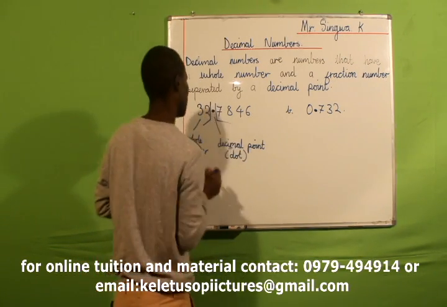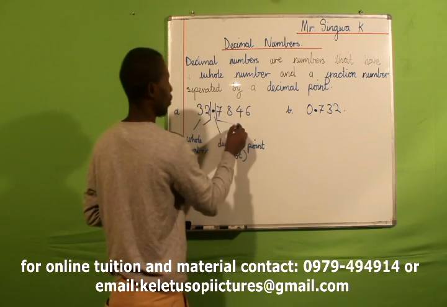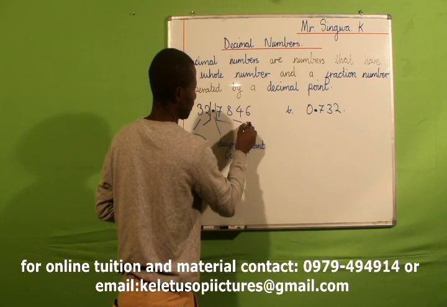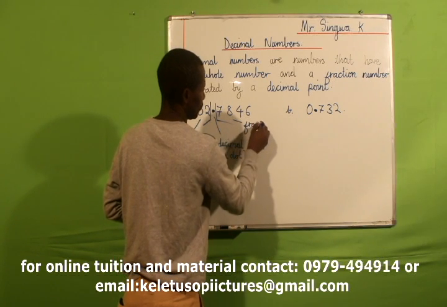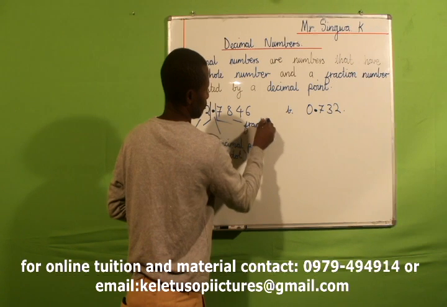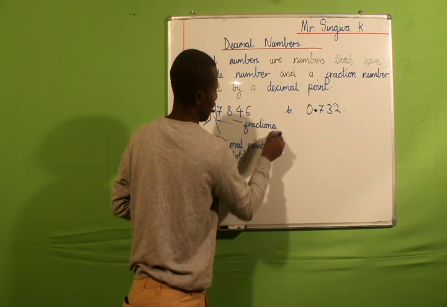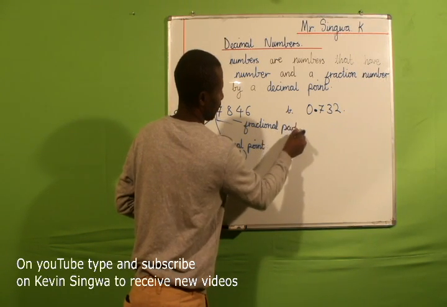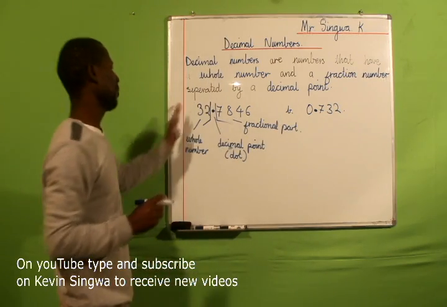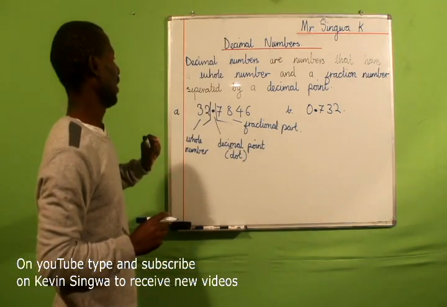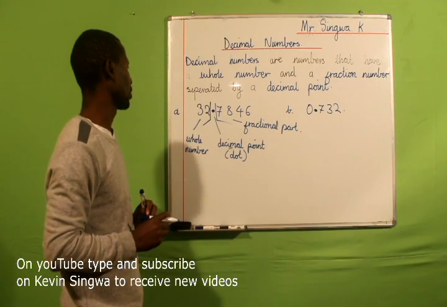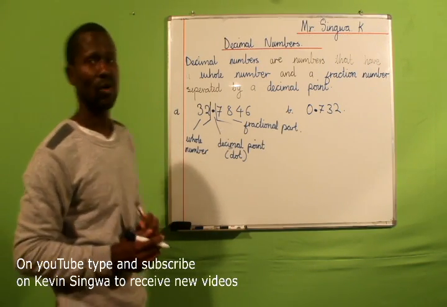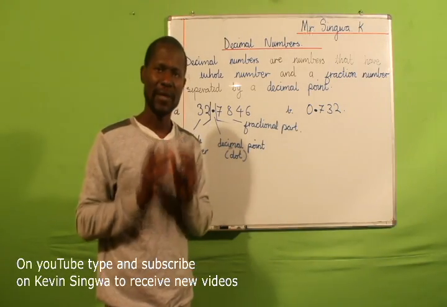And then here we have what we call fraction part or fractional part. So a number will look like this, having the decimal point, which is a dot, as well as these other figures.